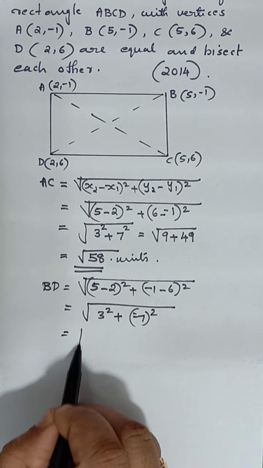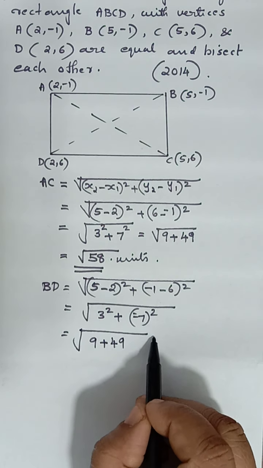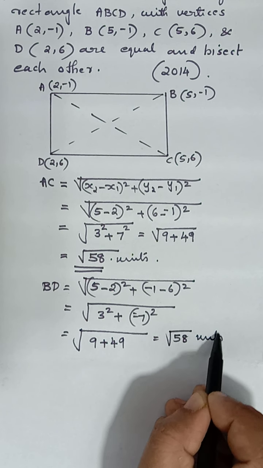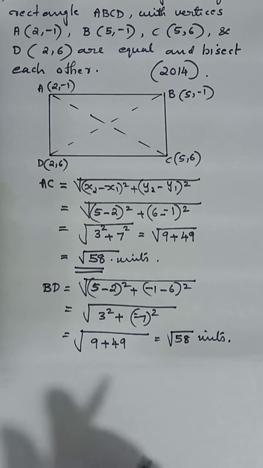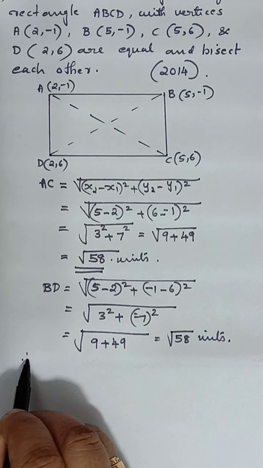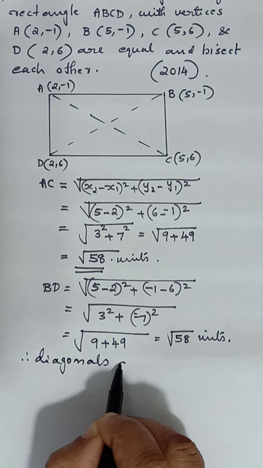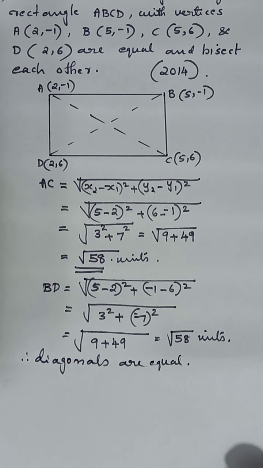That's equal to square root of 9 plus 49, which is square root of 58 units. Therefore, the first point is over. We have proved that the diagonals are equal, as AC is equal to BD.